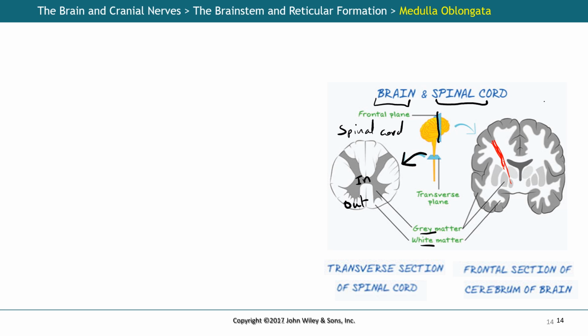So for example, vision, so they come from there, and there will be other tracks, other axons that come here, related to cognition, and there will be another one related to vision, and you have all these tracks coming together.